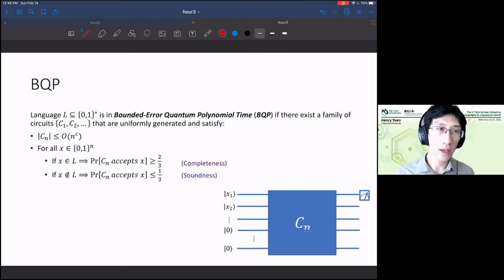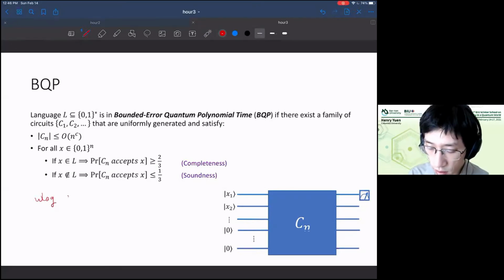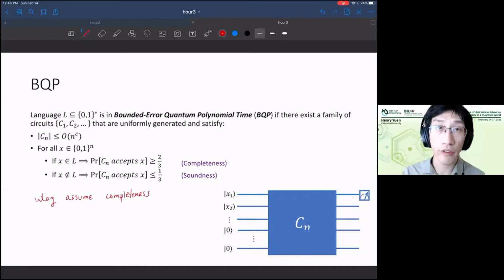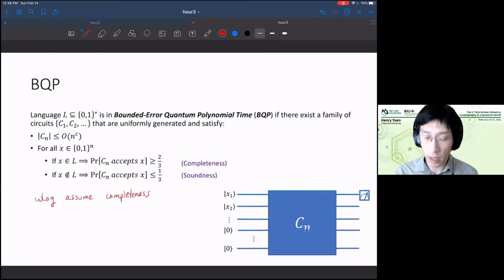These choices of 2/3 and 1/3 are somewhat arbitrary. You can, without loss of generality, assume that the completeness and soundness errors are exponentially small. So we can amplify and reduce the errors at an exponential rate with only polynomial overhead.